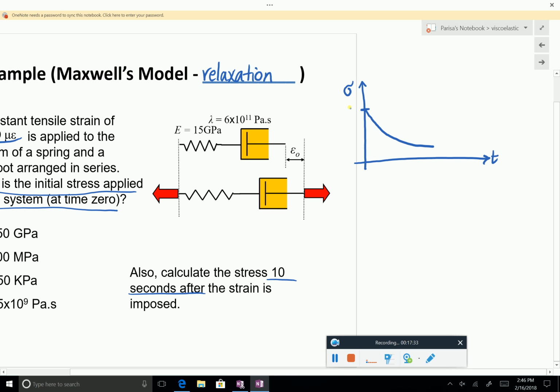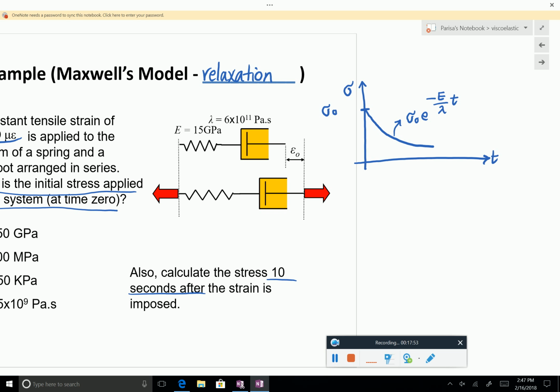So it starts from here, and goes exponentially down.